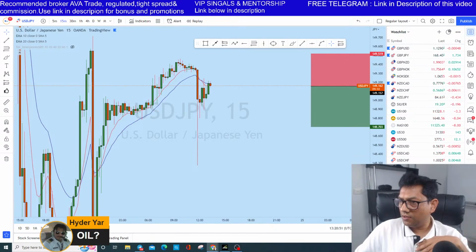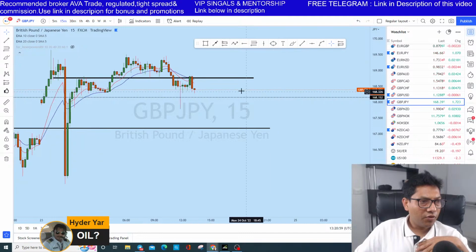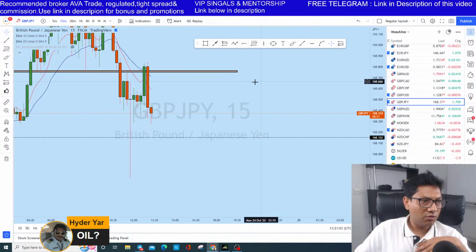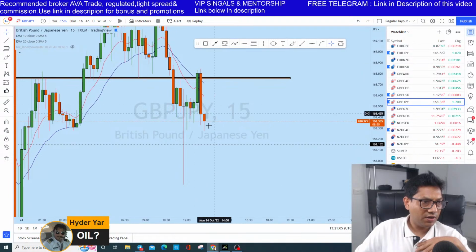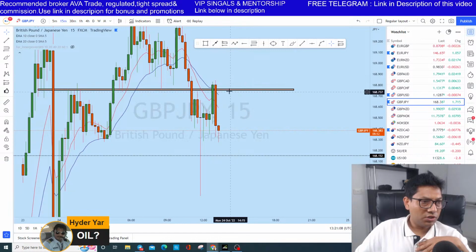Haidar, Helen, GJ is ranging. GJ looks to me bearish, ranging on the higher time frame, but on the lower time frame, the 15 minutes, or on the 4 hour, it looks bearish. It has created a very strong bearish angle here, but we could see some retracement.